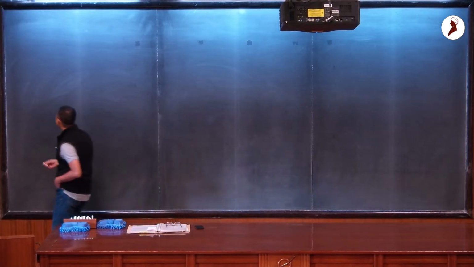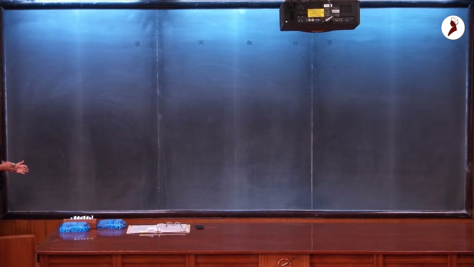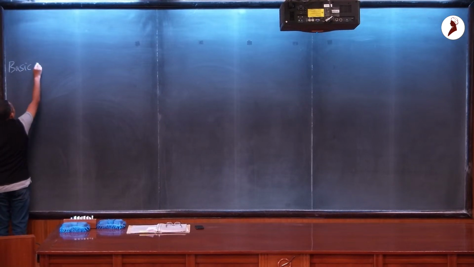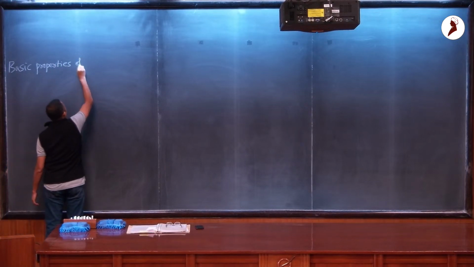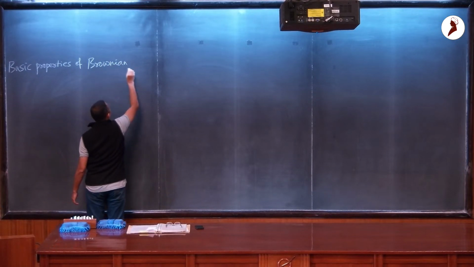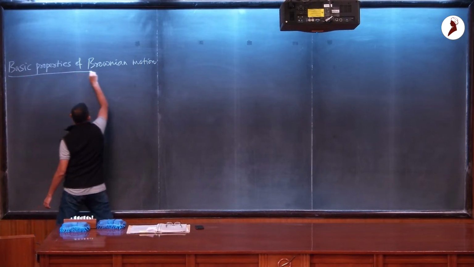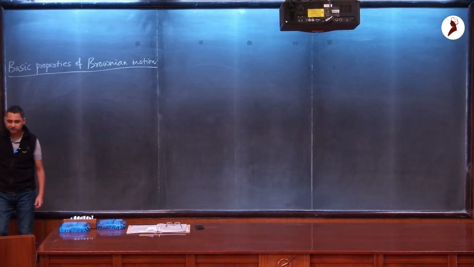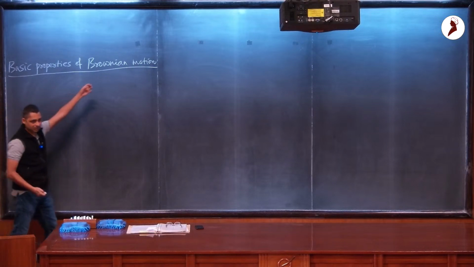So if not, let me just, so I realized that I was not giving a title for the course, so let me just make it basic properties of... So although I said stochastic processes yesterday, it's too broad a title, and because I have only 3 lectures, most of the time I'll be actually spending on Brownian motion.